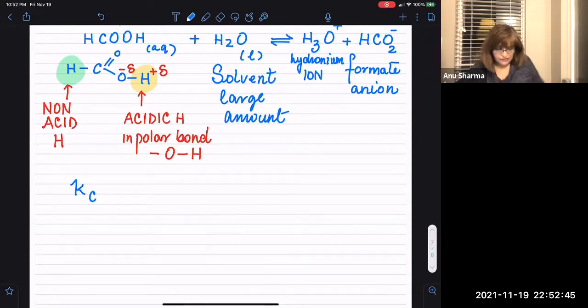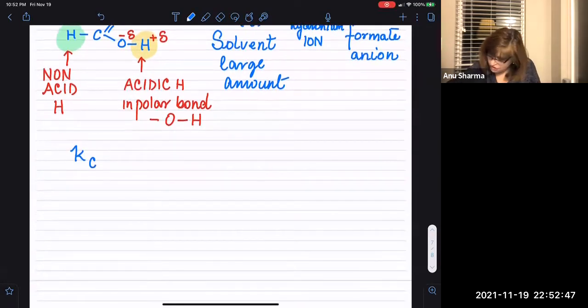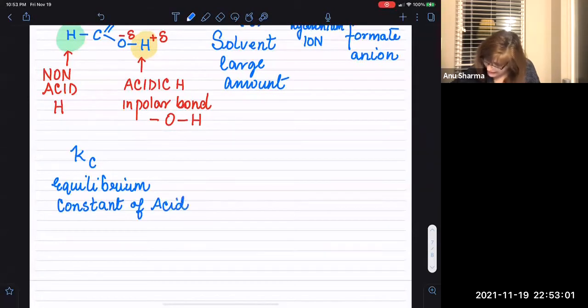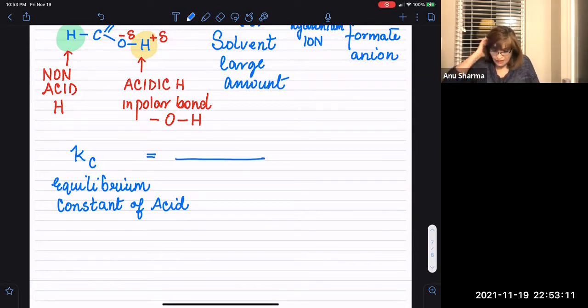Okay, so this is called the dissociation constant or the equilibrium constant of acid. The equilibrium constant is written as that expression, right?